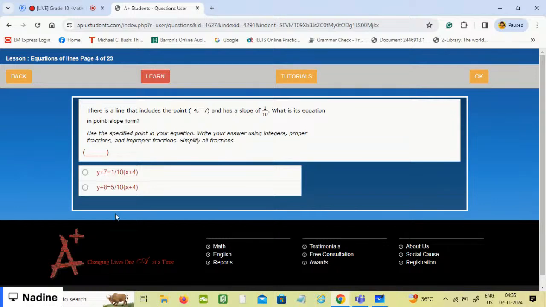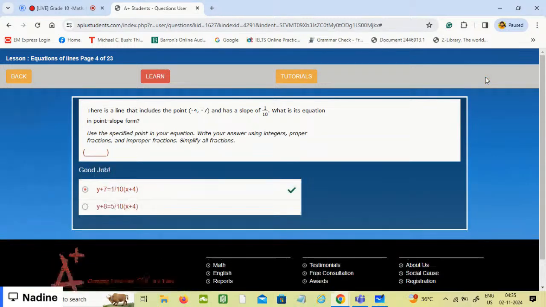That is option number 1 is the correct option. Y plus 7 equals 1 by 10 times x plus 4.